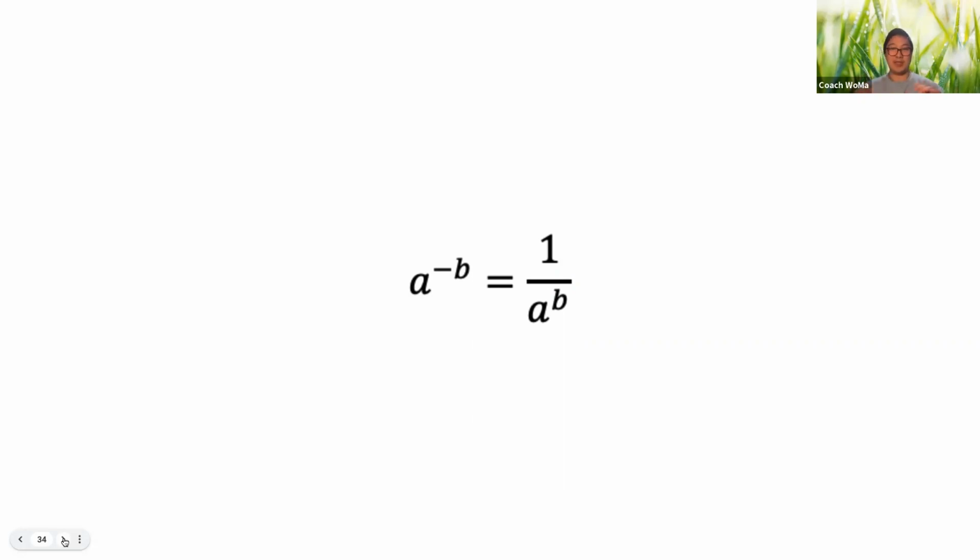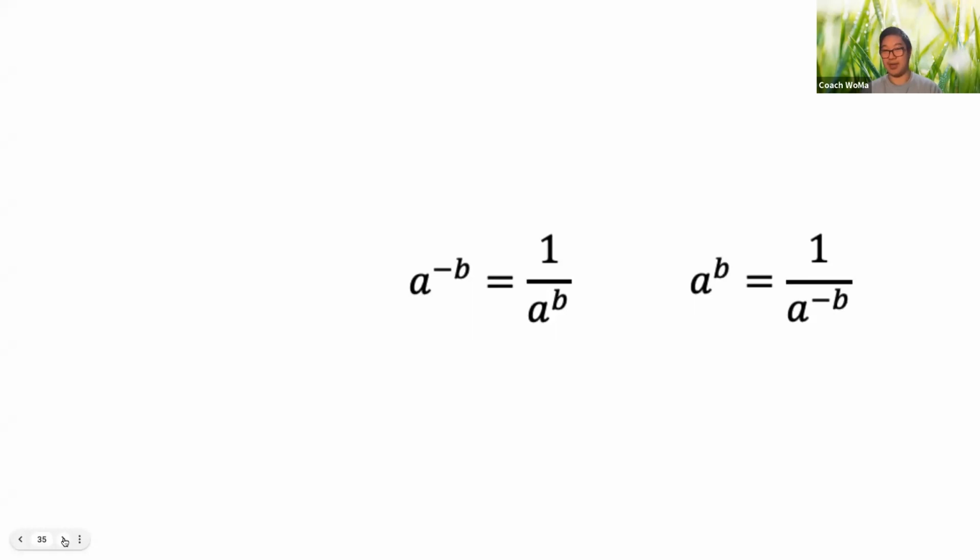So this division is kind of a minus. So when you think multiply, you should think adding the exponents. And when you think divide, that just means subtracting exponents.